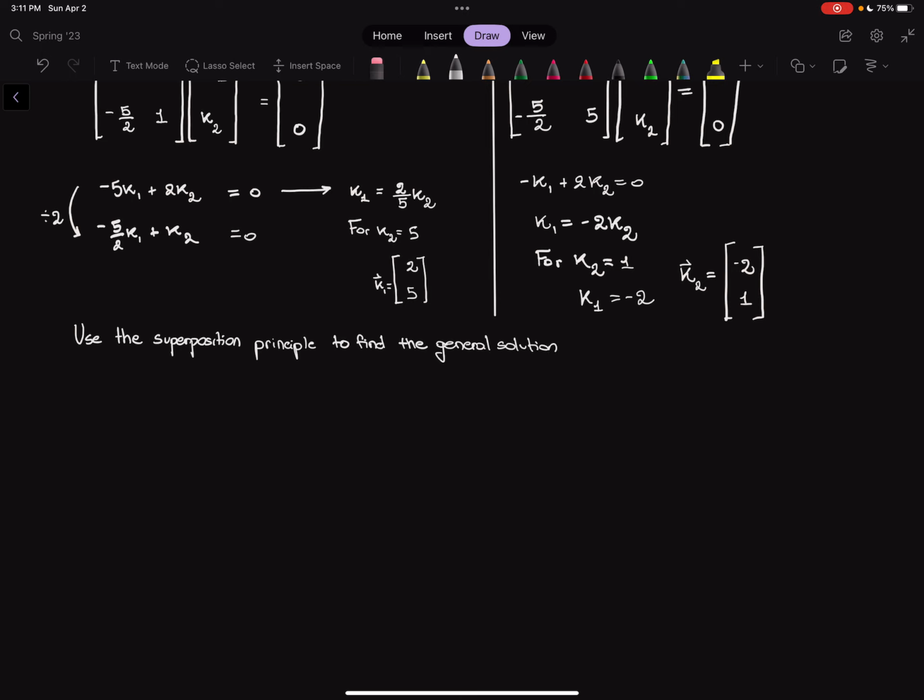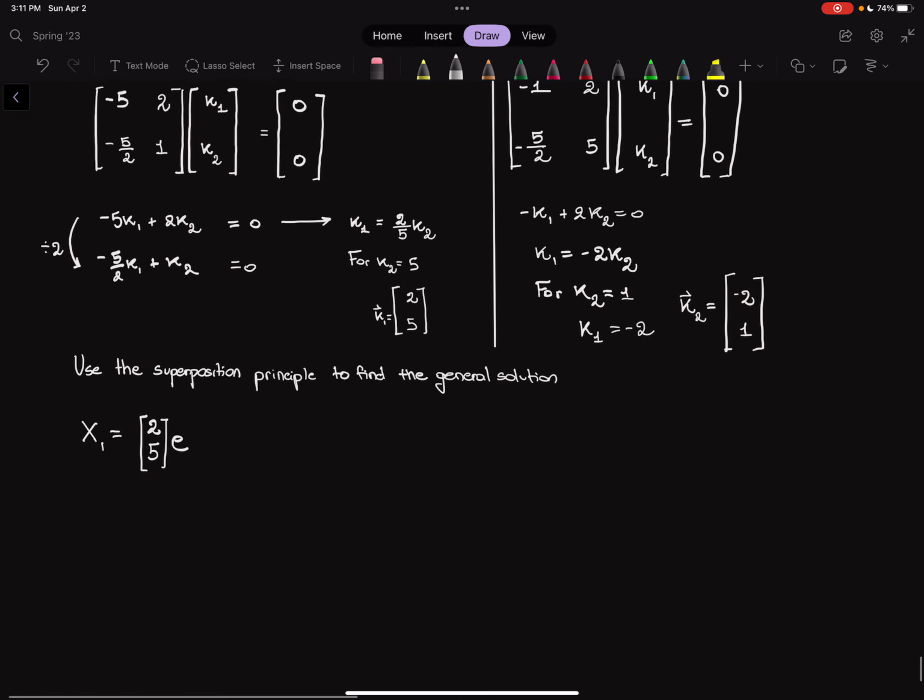So we're going to say that the solution x1 is going to be, we have our 2 and our 5, and then we're going to have our e. What was the lambda for that? 1 times t.